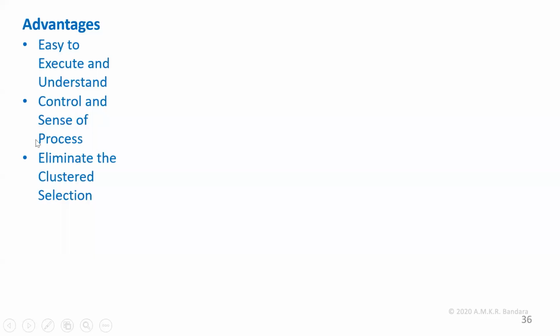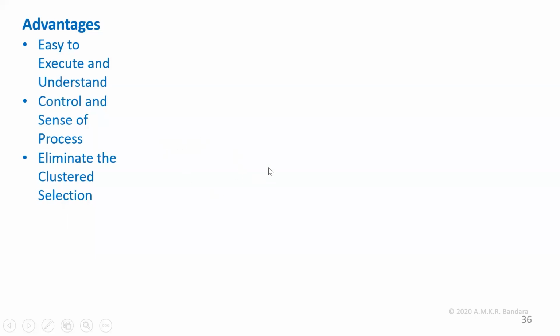So the advantage and disadvantage of this sampling method. Advantage: it is easy to execute, and also easy to understand. We have a control and a logic to select this sample. Here, first we select the sample randomly within the first sampling interval.